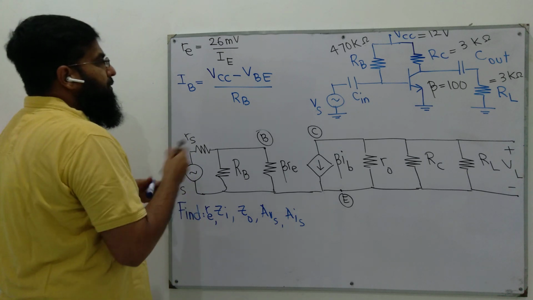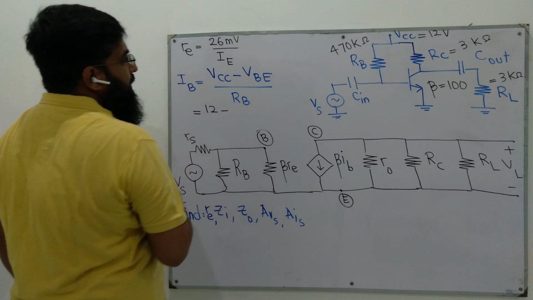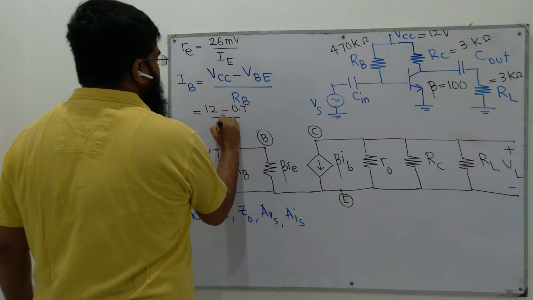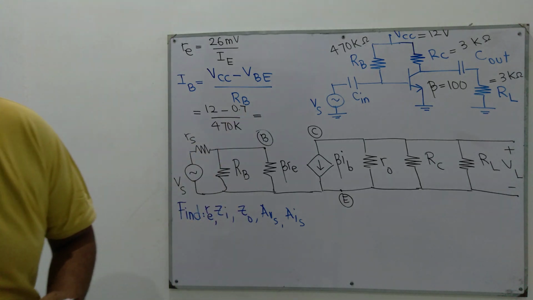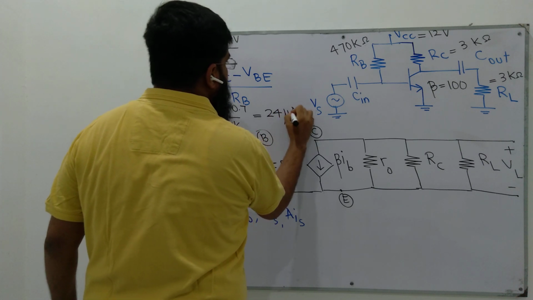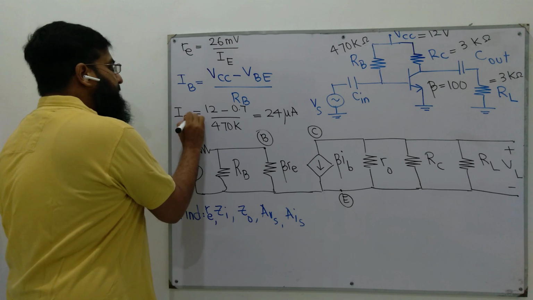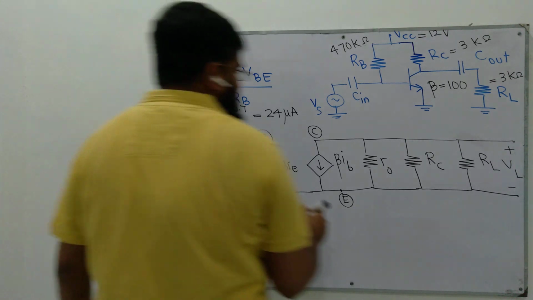If you put these values here, VCC is equal to 12 minus VBE 0.7 divided by RB 470K. So IB turns out to be 24 microamperes.